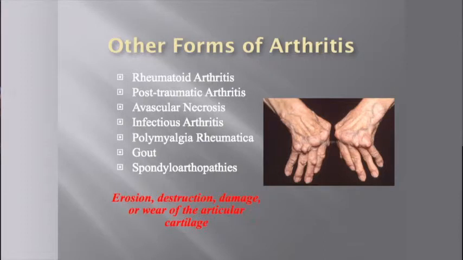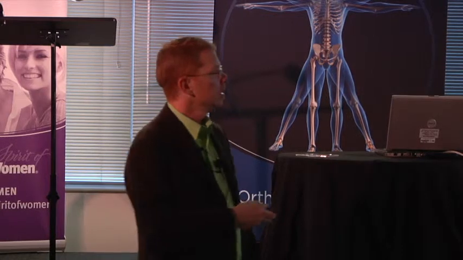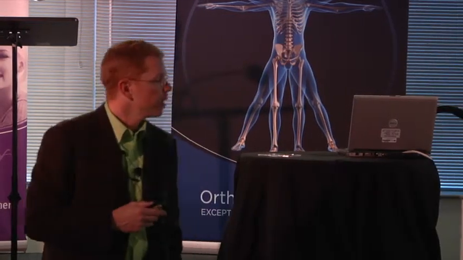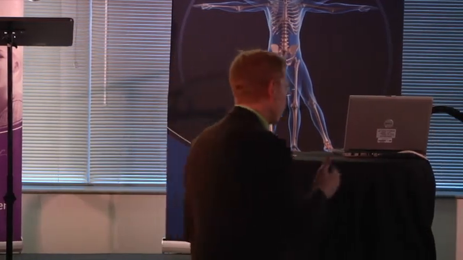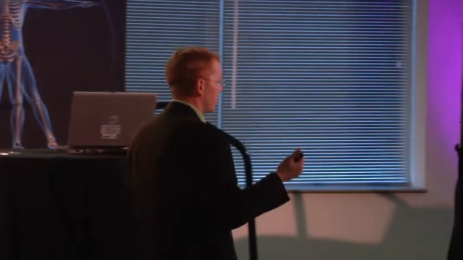Polymyalgia rheumatica and spondyloarthropathies. Polymyalgia rheumatica is a muscular disease that affects the hip joints and the muscles of the hips and the shoulders. Okay? Spondyloarthropathies are things like Reiter's disease, ankylosing spondylitis. Okay? They're inflammatory diseases that attack the spine and the joints.